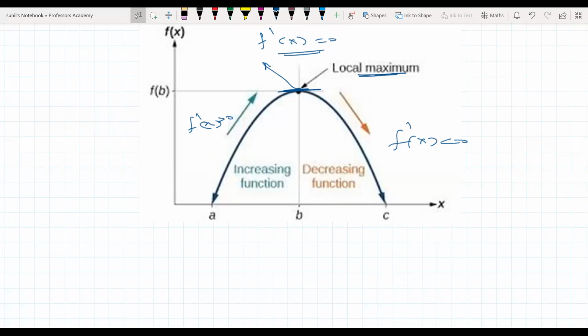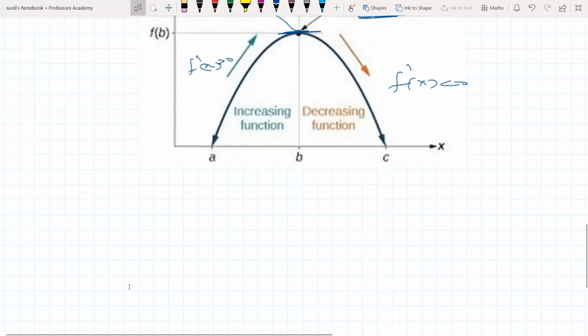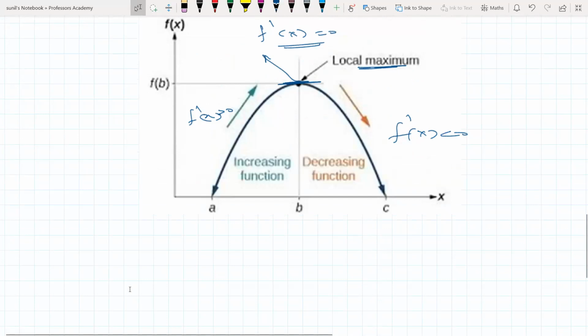So what we are discussing is how to find the range of a function. The graph is increasing, then decreasing. The graph will move up and down sometimes, or otherwise it may move in any way. In that situation, how do we find the range of the function? That is what we are discussing now.